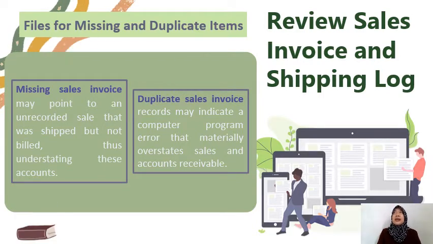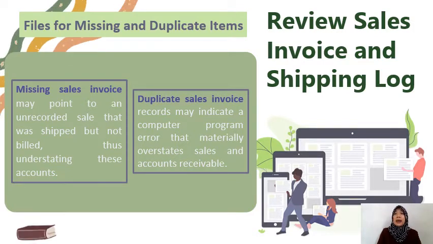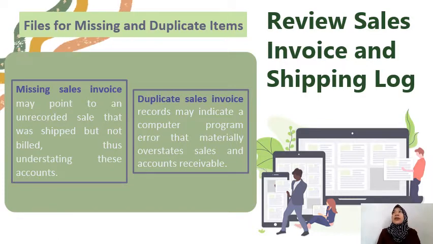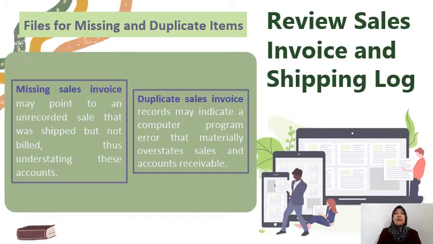Duplicated sales invoices are records that may indicate a computer program error that materially overstates sales and accounts receivable. Since it is duplicated, it is very clear that it overstates the sales and accounts receivable because you are recording the sales twice.